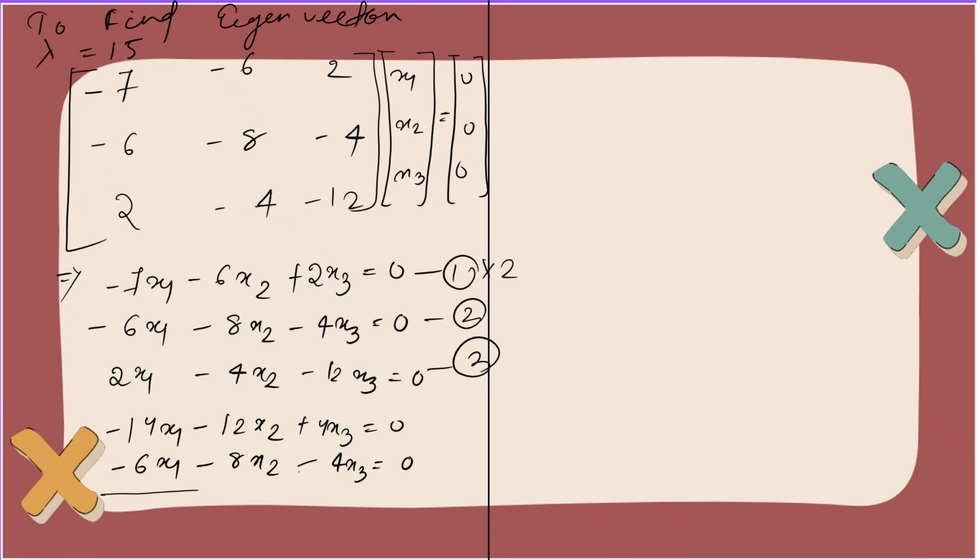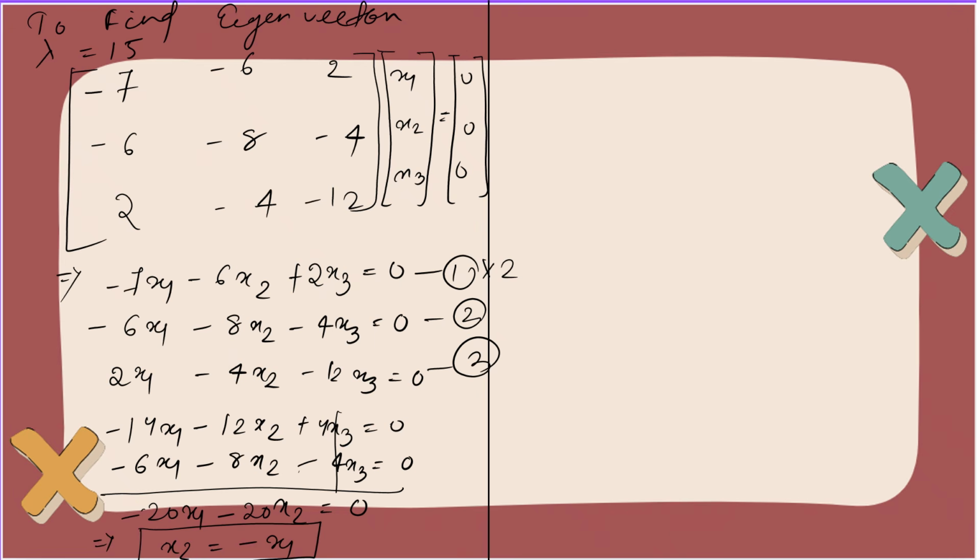So when you add these two equations, you get minus 20x1 minus 20x2 is equal to 0. From this equation, you get x2 is equal to minus x1.